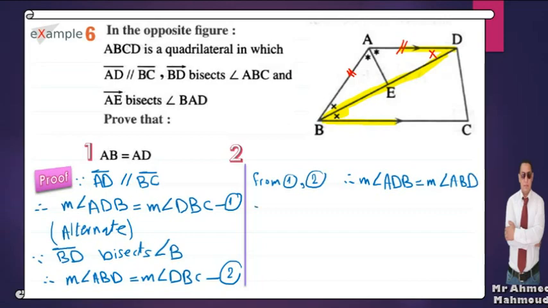Therefore, triangle ADB is an isosceles triangle, or we can say directly AB equals AD. This is the first required.